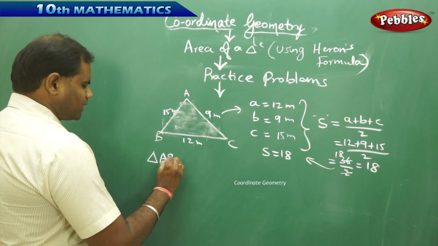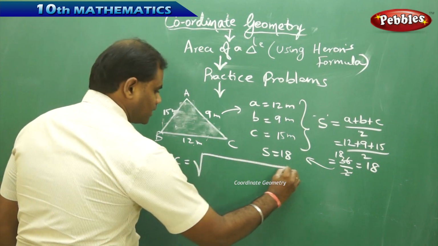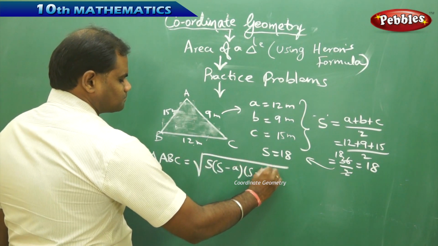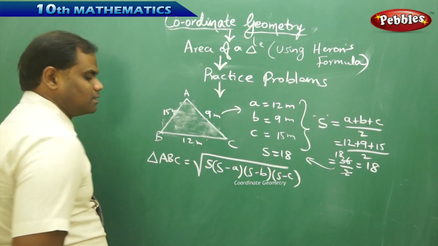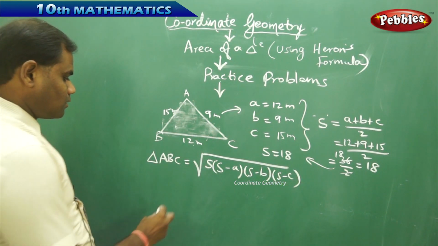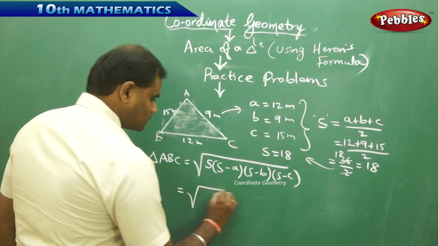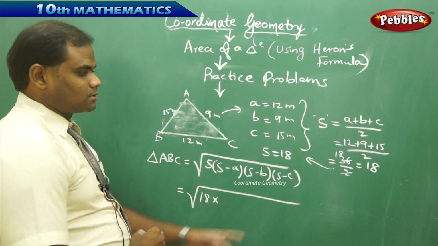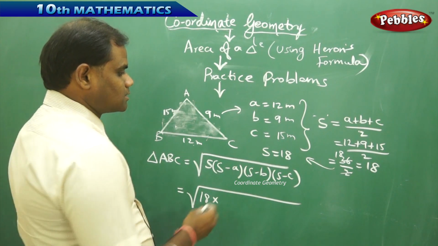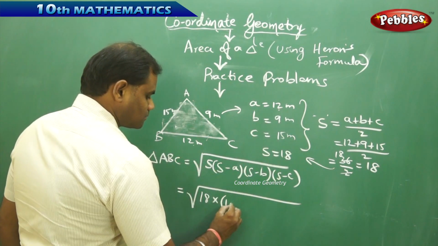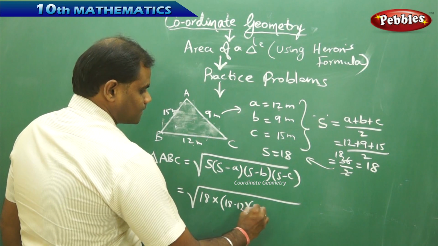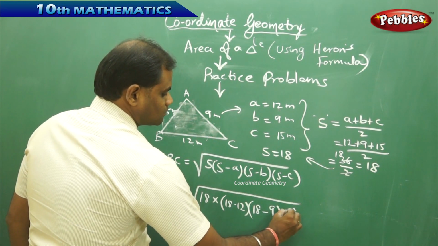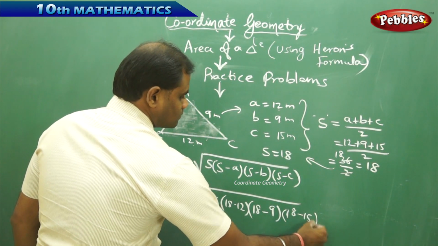So the area of triangle ABC, given by Heron's formula as root of S times S minus A, S minus B and S minus C, on substitution gives me root of S, which is 18, times 18 minus 12, and 18 minus 9 and 18 minus 15.